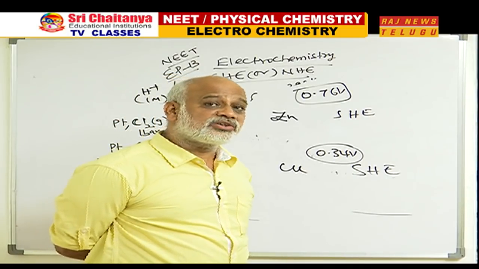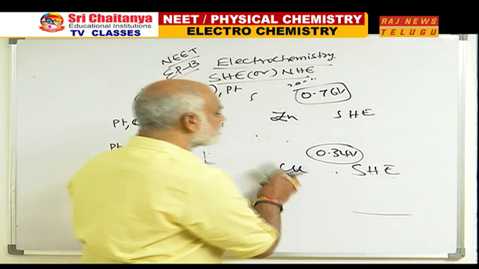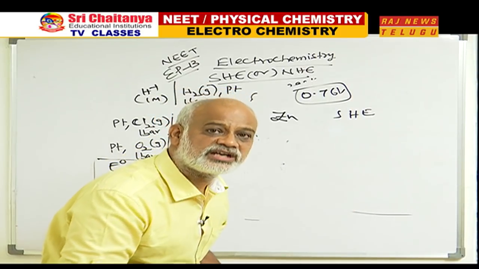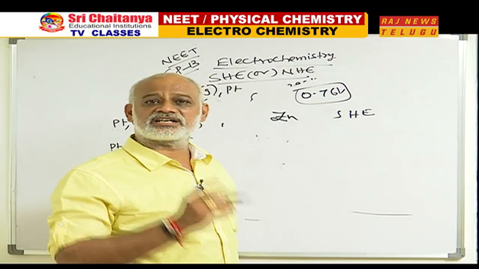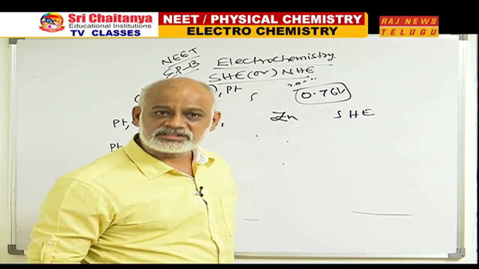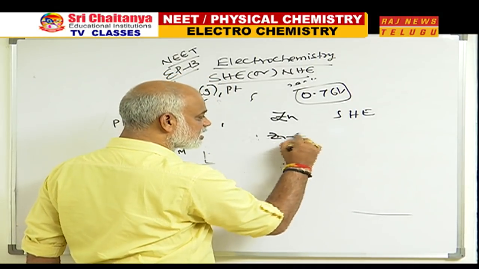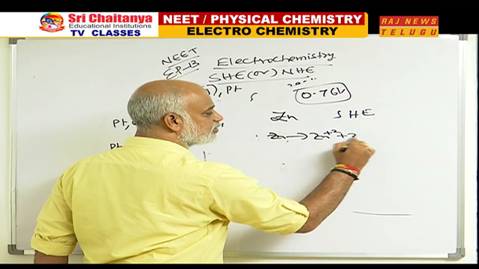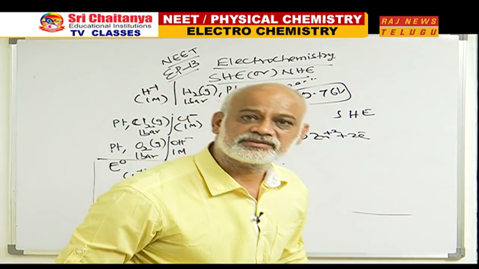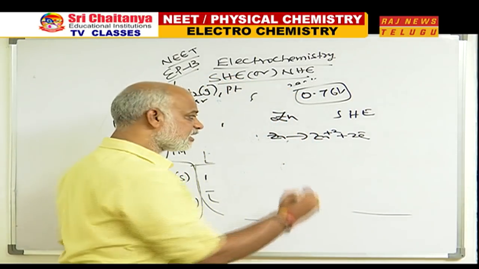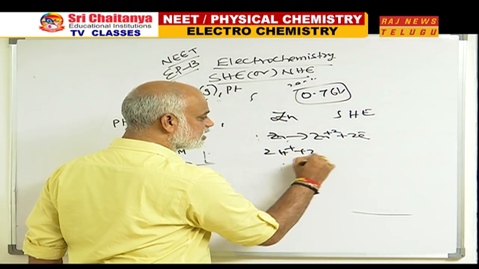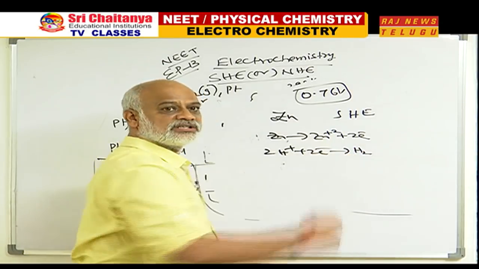How to decide the sign of that particular one, sir? When connected to standard hydrogen electrode, what is the spontaneous reaction occurring at zinc? Observe it. The spontaneous reaction occurring at zinc was found to be oxidation. Obviously, what should be the reaction occurring at hydrogen electrode?